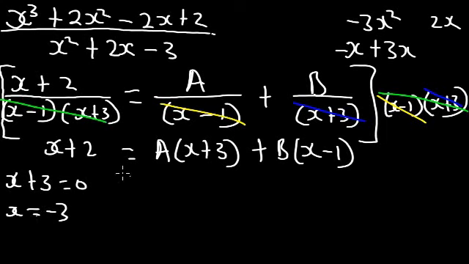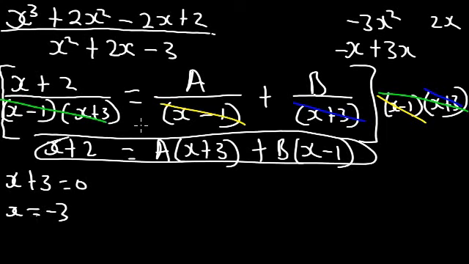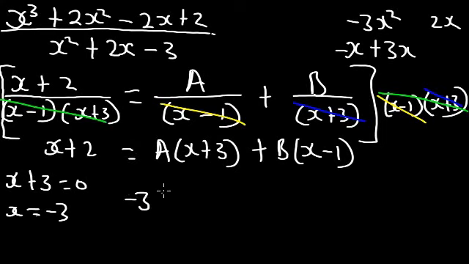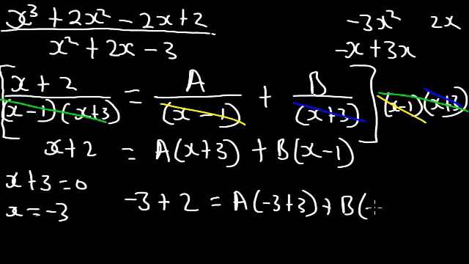So plugging in negative 3 as x in this whole equation, we can have negative 3 plus 2 equals a in a bracket of negative 3 plus 3, then plus b in a bracket of negative 3 minus 1. So negative 3 plus 2 is negative 1 equals, this becomes 0, so I ignore that. Then I have negative 4b. Because this is negative 4 multiplied by b, that's negative 4b.